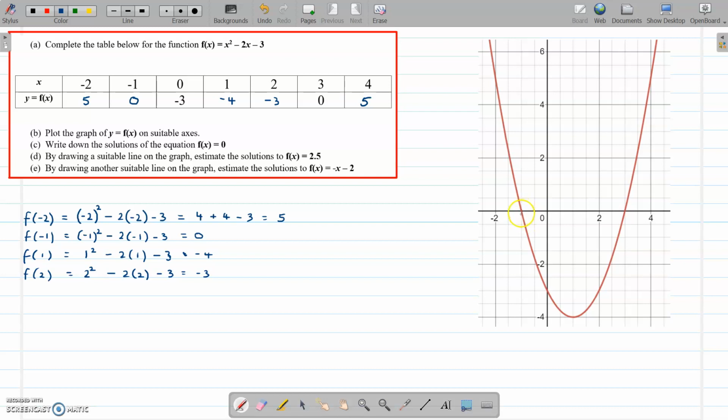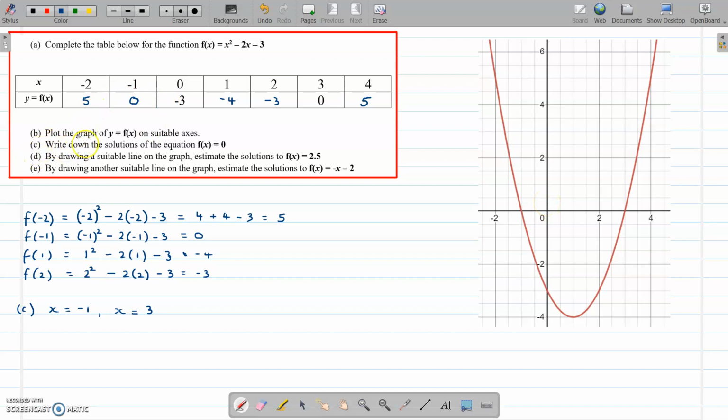Here it's -1, and here it's 3. So the answer to part C is x equals -1 and x equals 3. So those are the two solutions of the quadratic equation as it stands.